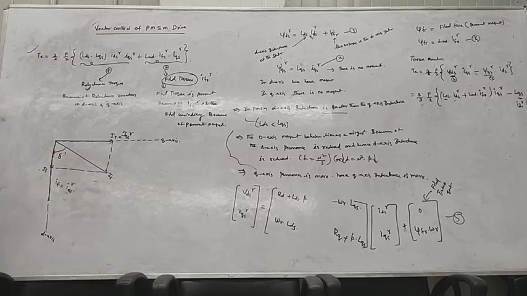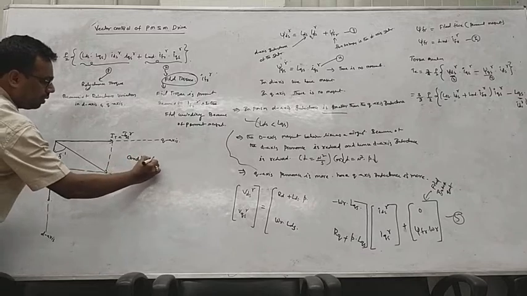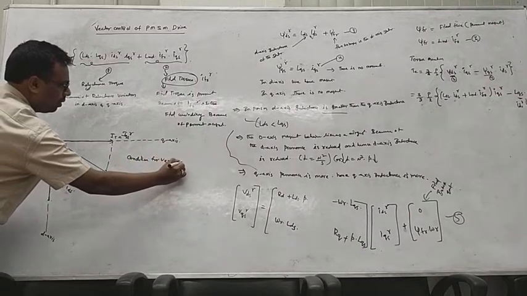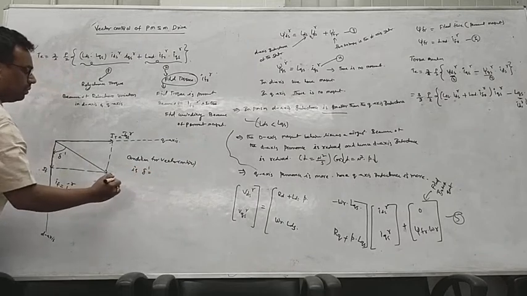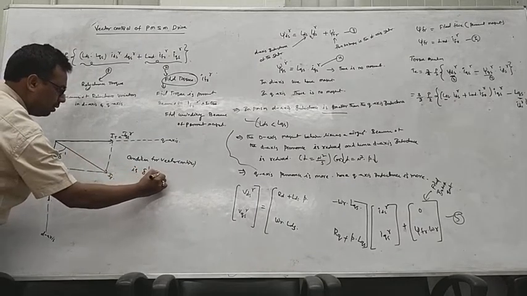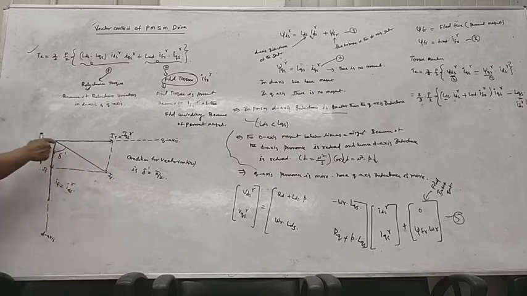So the condition for vector control is that delta prime is equal to pi by 2. If delta prime is pi by 2, then what will happen? IS is also aligned to the field current component.